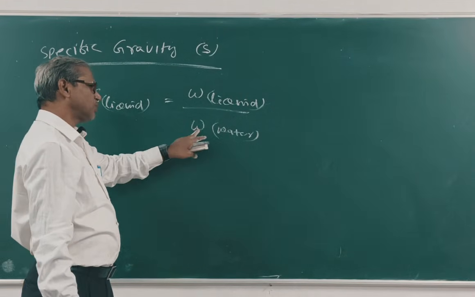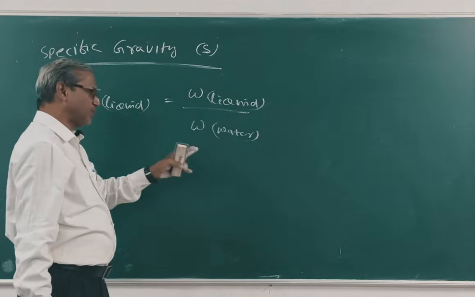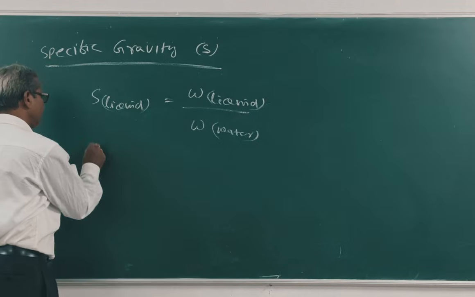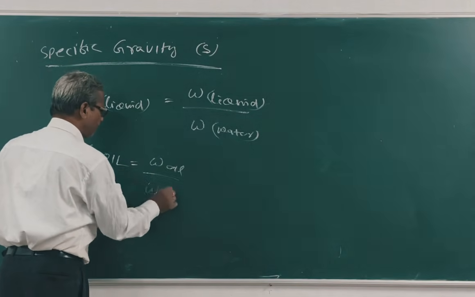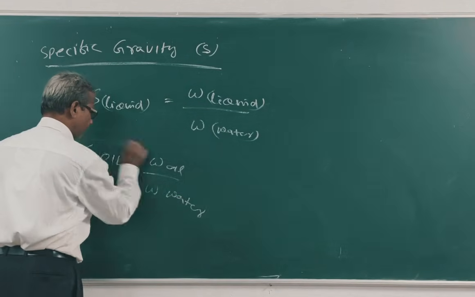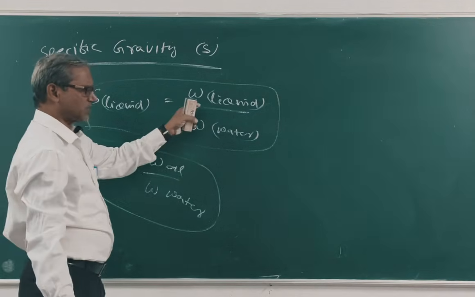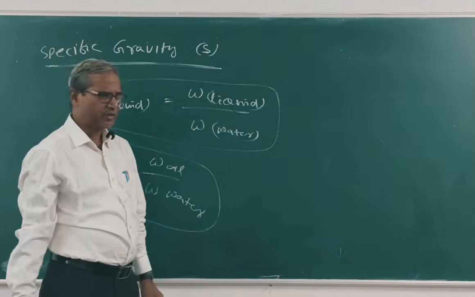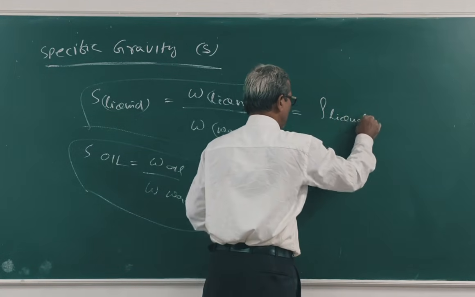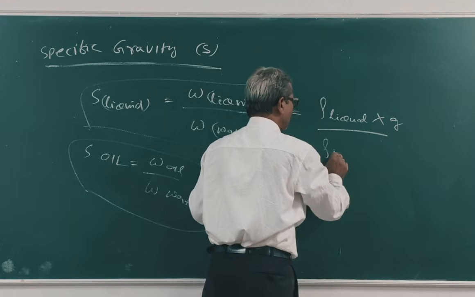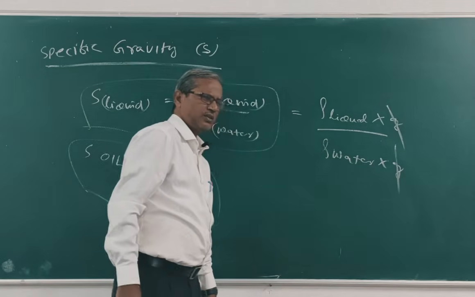So S liquid is equal to w liquid by w water. Or for kerosene, S kerosene is equal to S oil is equal to w oil by w water. Clear? For any liquid, specific weight of liquid by specific weight of water. This can also be written as rho liquid into g by rho water into g. The g cancels out.